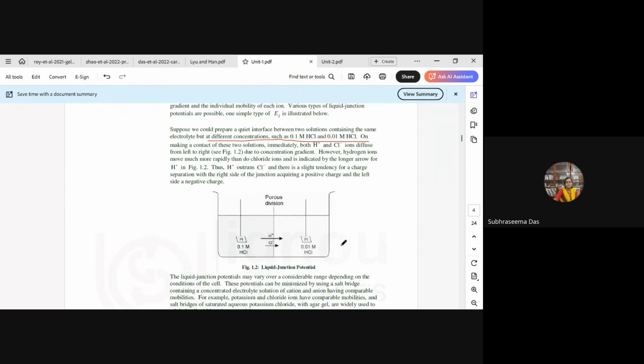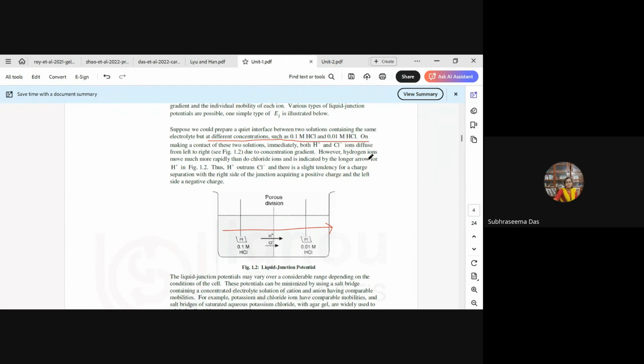It is because on the left hand side the concentration of HCl is higher, and on the right hand side it is lower. So because of this concentration gradient, both H+ and Cl- ions move from the 0.1 molar HCl side towards the 0.01 molar HCl side.